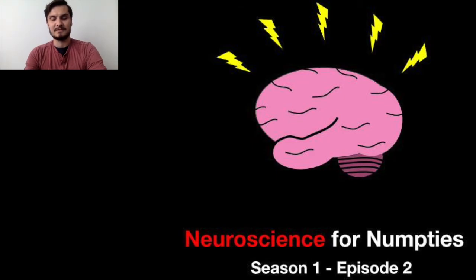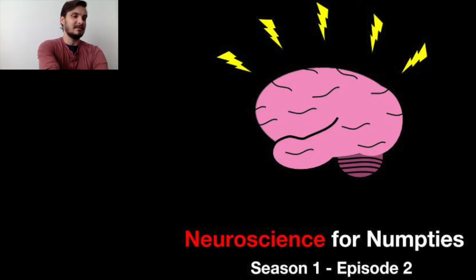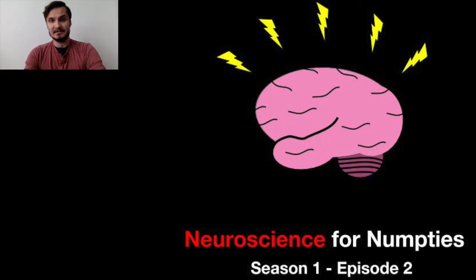Well, I think it's useful to use the analogy of a telephone wire. When your brain wants to talk to your hand and have it do something, like reach for a mug of tea, your brain has to send a signal to your hand to tell it to do something. And it communicates that signal through wires called nerves.